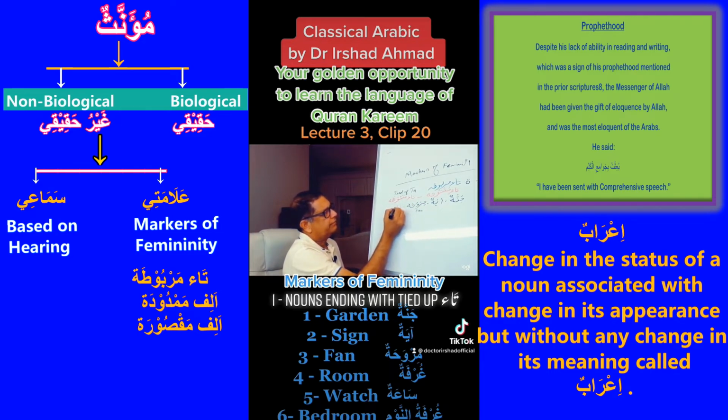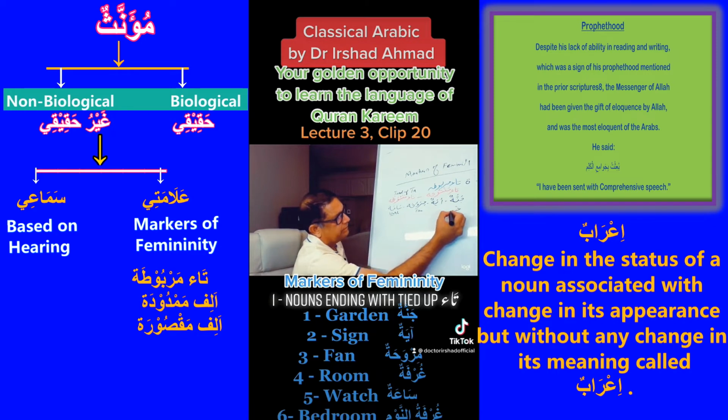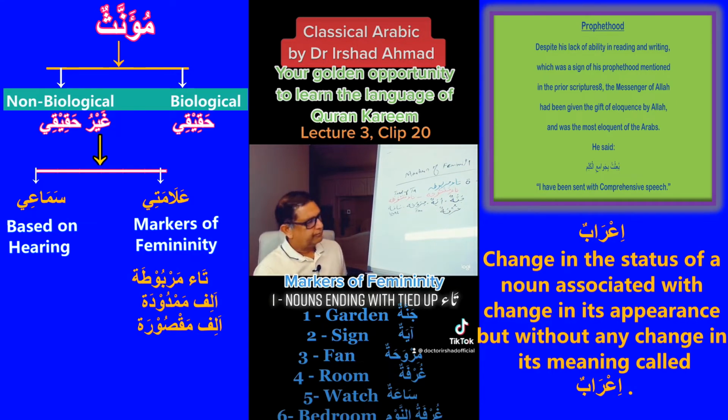Sa'atun, watch, wristwatch, or other watch. Another one, ghurfatun, room. Ghurfatun nomi is called bedroom. So ghurfatun, room. So these are all ending with the tied up ta, and that's the one marker of femininity.